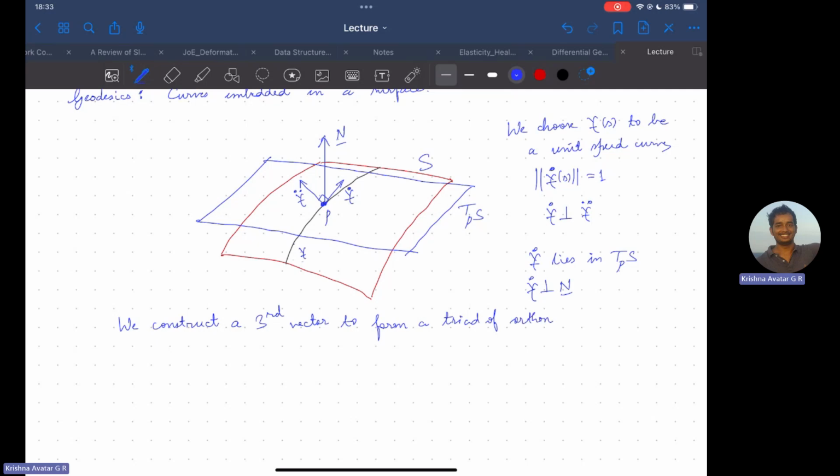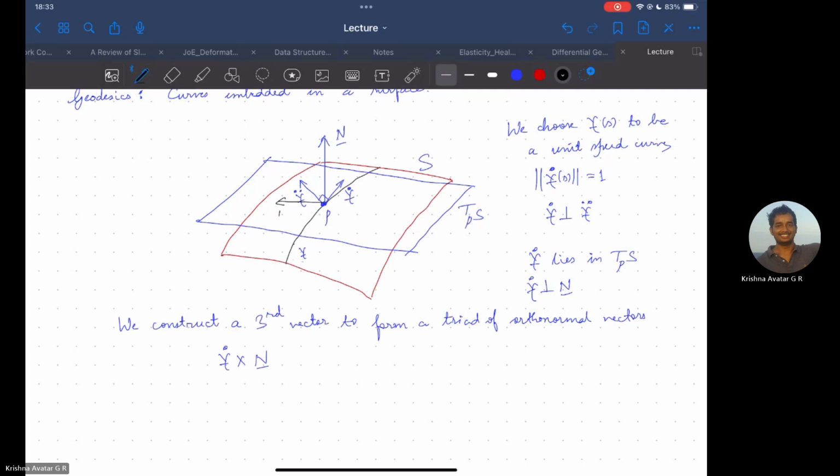It's just a set of orthonormal vectors. Since gamma dot has norm 1, n vector of course has norm 1. So what we'll do is we'll have a third vector which is gamma dot cross n vector.